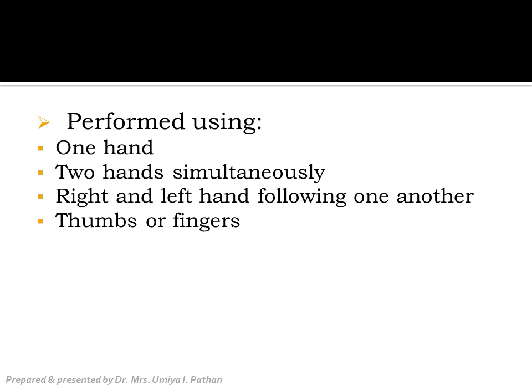Be careful not to pull on the part. Third is right and left hands following one another on a narrow area. Another is thumb or fingers on a small area, one handed, two handed, or alternately.